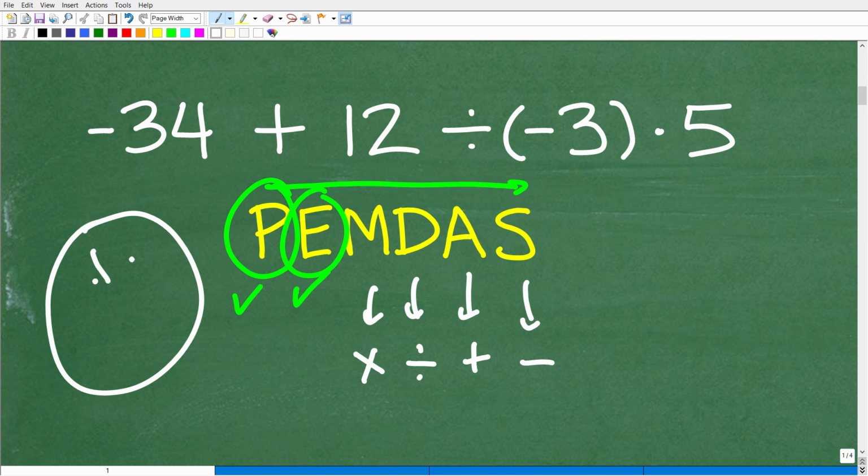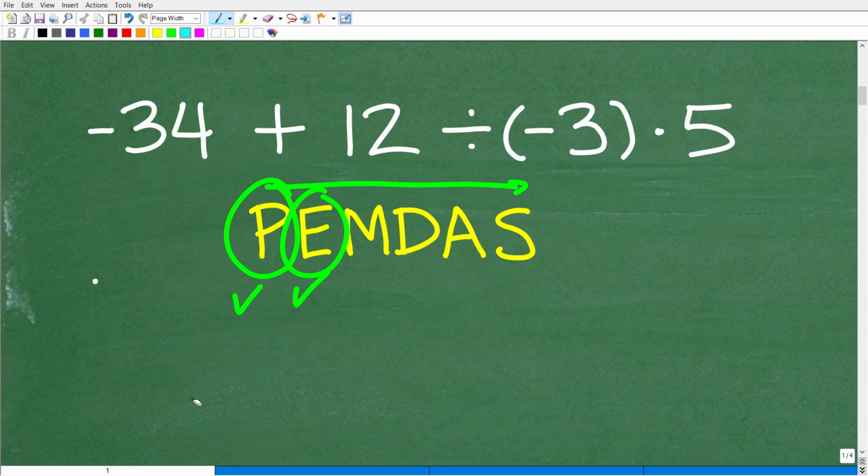Now, a lot of you might be saying, hey, Mr. YouTube Math Man, you're confusing me here because you're just telling me this is a checklist from left to right. Yes, indeed, but again, this is an area in math where a lot of people get confused. So this is the way it actually works. The first two things are correct. We're going to look for parentheses, and we're going to take care of any powers. But these two here are actually groups.